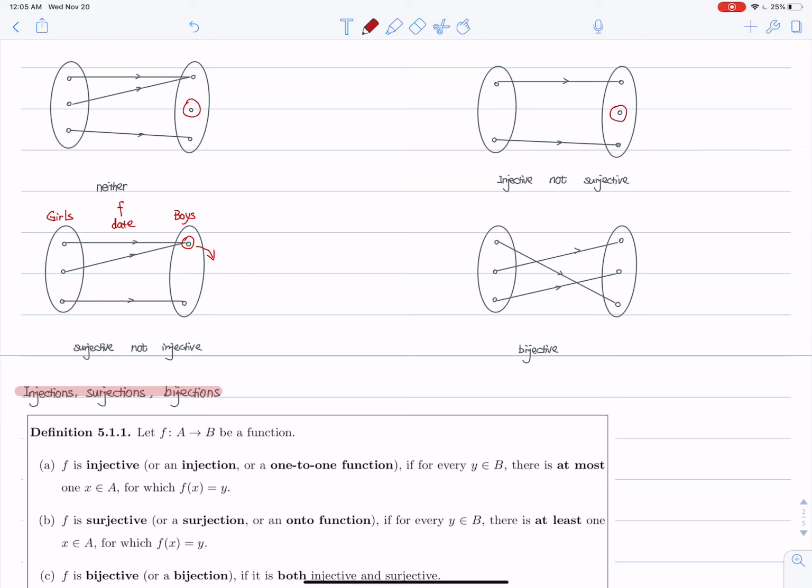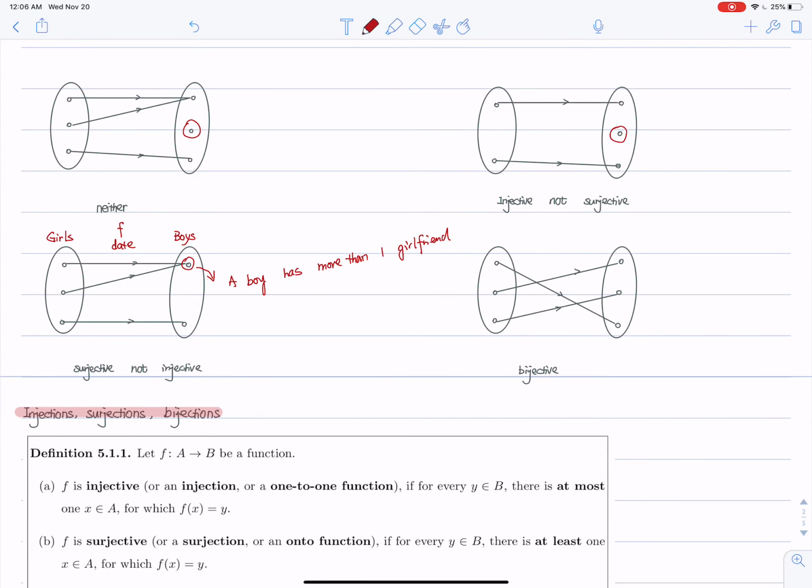So not injective is like one boy having more than one girlfriend. It's kind of like that. I don't think it's a good example, but I think you can get it.